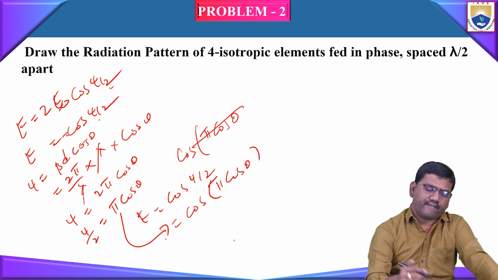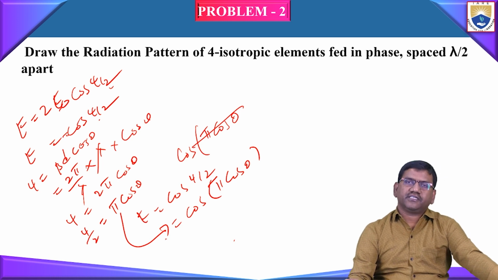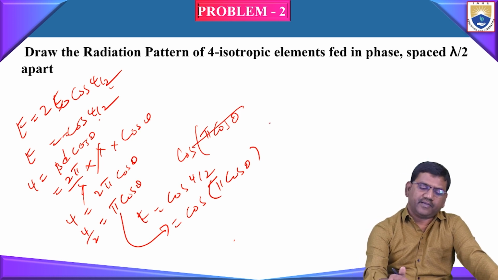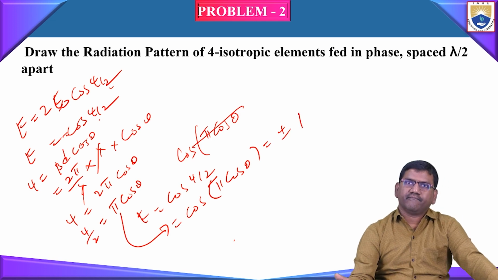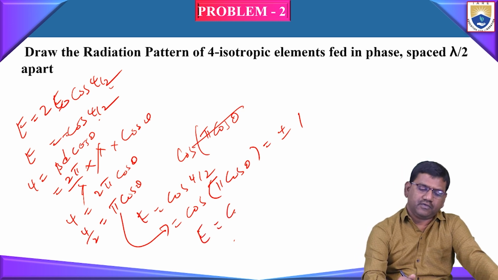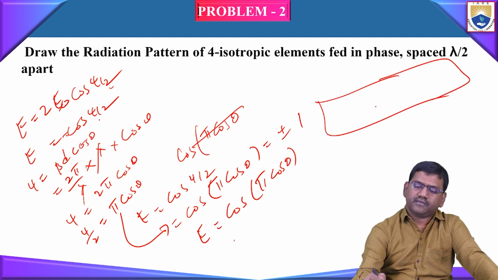When this function is maximum, cos of pi cos theta will be plus or minus 1 here. So for the general solution, we need to find the values of theta. So E is equal to cos of pi cos theta, and we need to draw a table here.